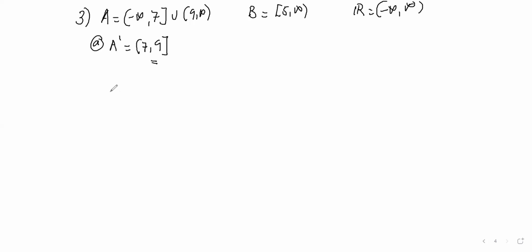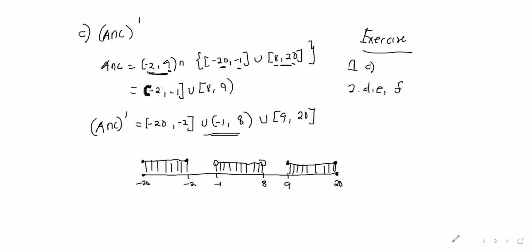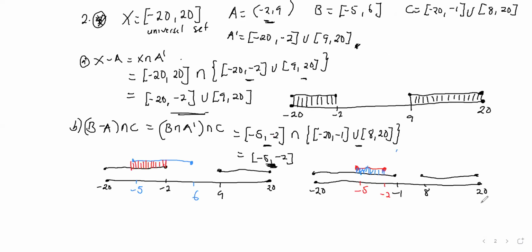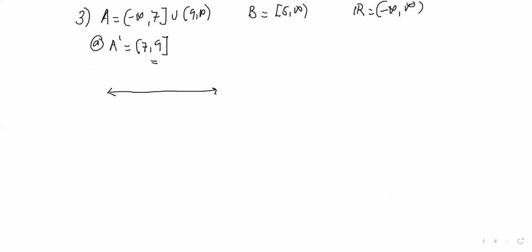On the number line, this time around we are doing this. Since the universal set is the set of real numbers, so there's a difference. When the universal set was from negative 10 to 20, we didn't have arrows on the baseline. But now, because it's the set of real numbers, we are having arrows now. So we have arrows like that.